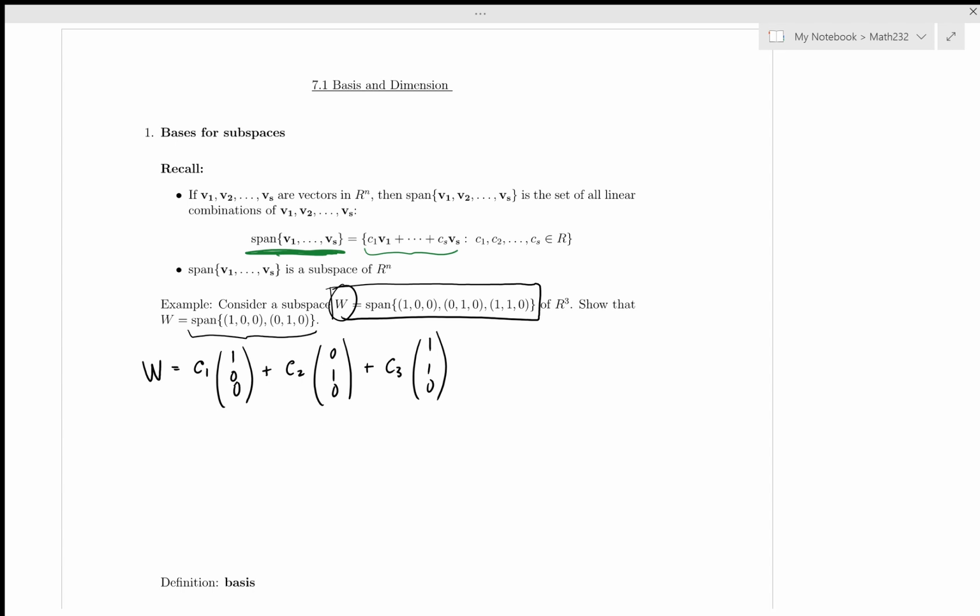Now, we notice that the third vector can be written as a linear combination of the other two vectors.